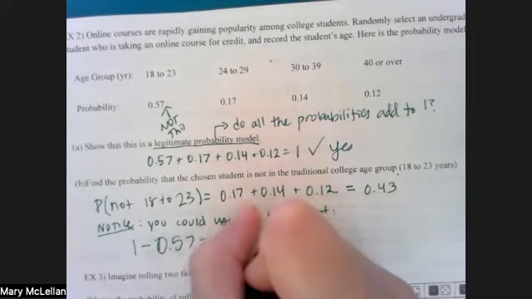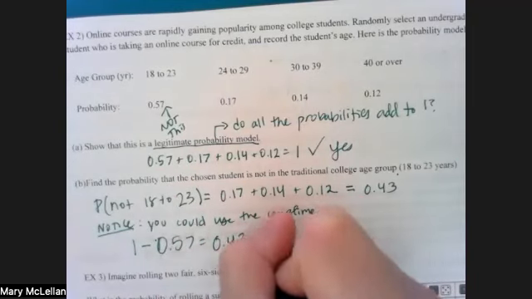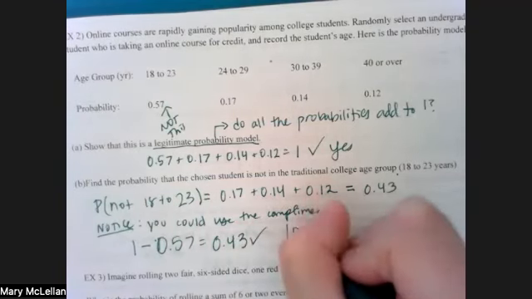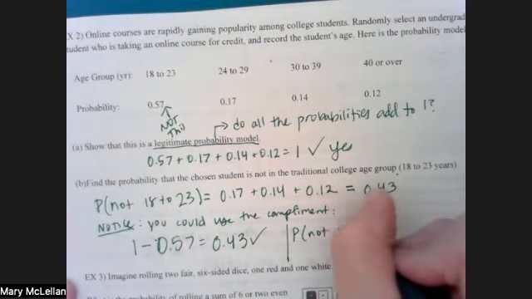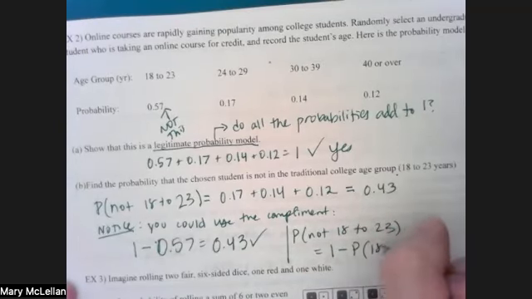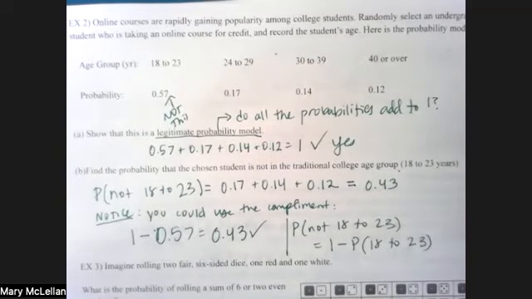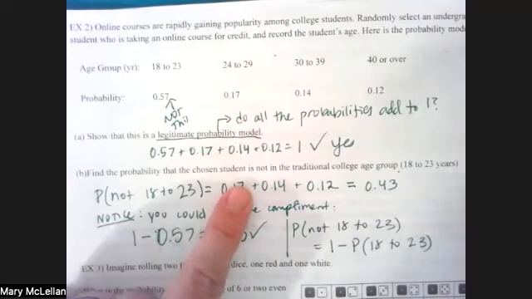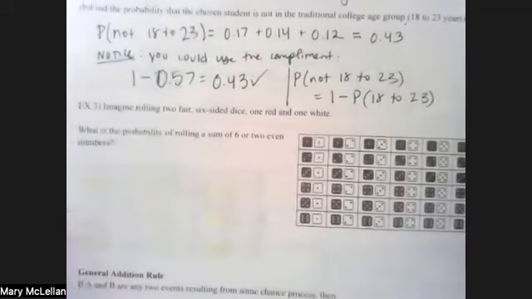And that would also get you 0.43. Probability of not 18 to 23 equals 1 minus the probability of 18 to 23. That is the idea of complement. And it's useful because it usually results in far fewer computations.